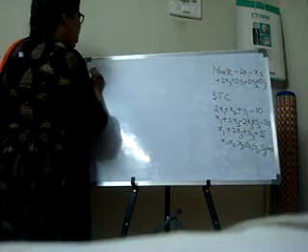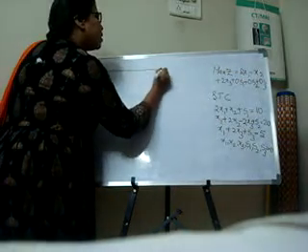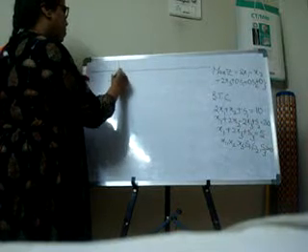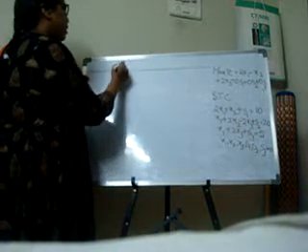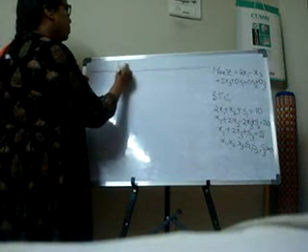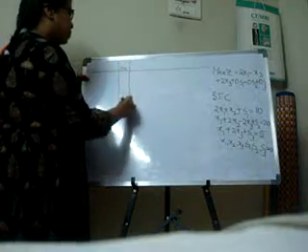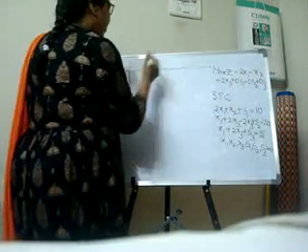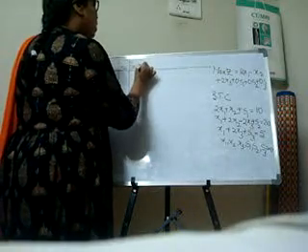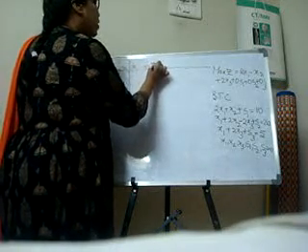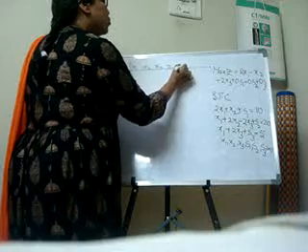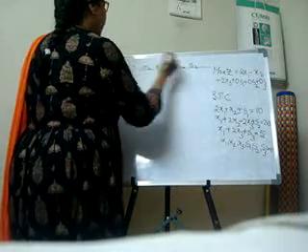Now, the same simplex table we have to draw here. We have x1, x2, x3, and we have s1, s2, s3.